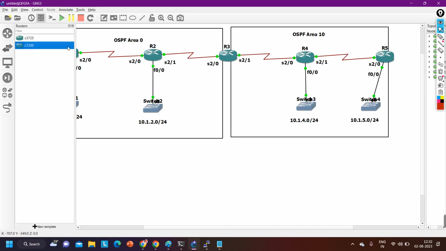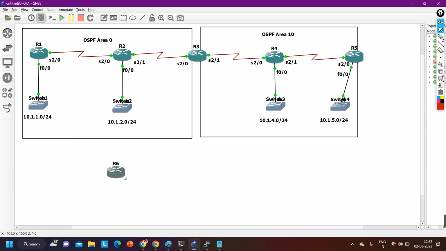Let me take one more router, R6. Between R6 and R5, the routing protocol we are running is, let's say, EIGRP.